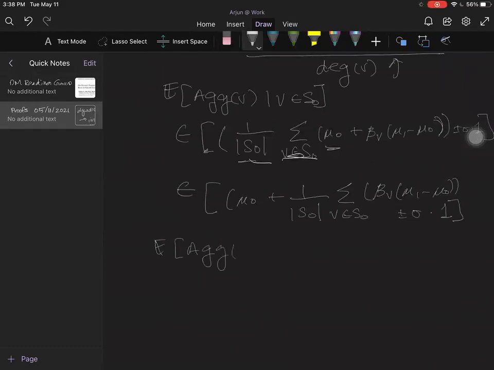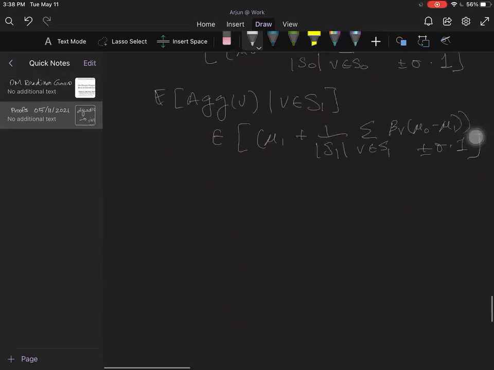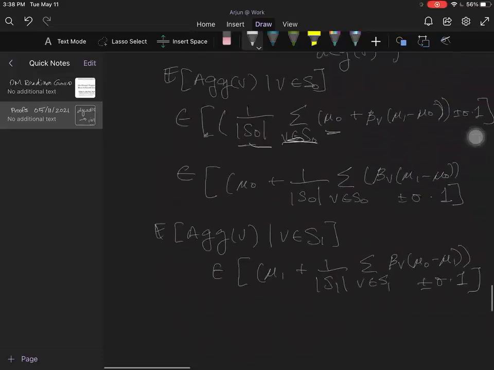So the expectation of the post-aggregation representations of all the nodes in S1 will look like this, just following the exact same steps as above, but for S1 instead.